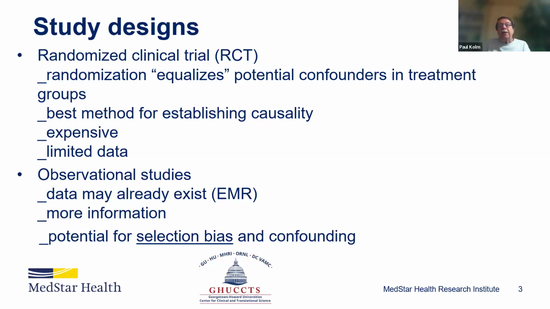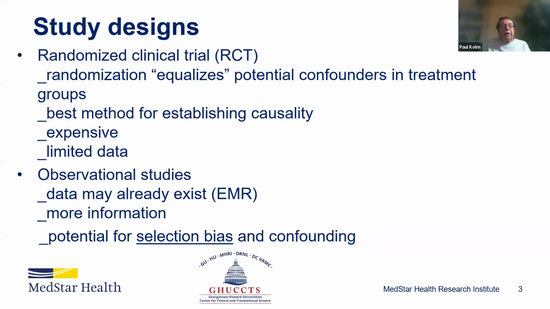But that can happen when you have a small sample size. So just be aware that randomization might be an issue if you have a small number of patients in your study. A randomized trial is the best method for establishing causality.